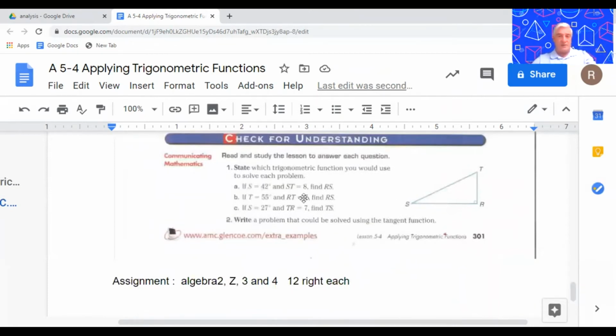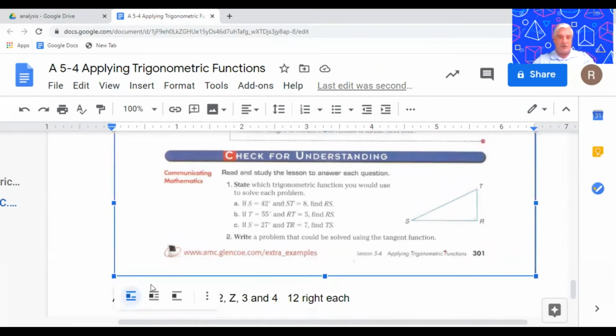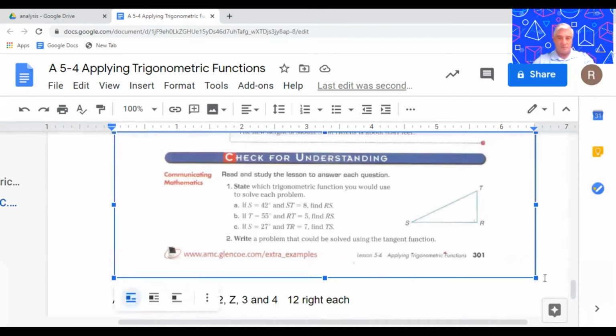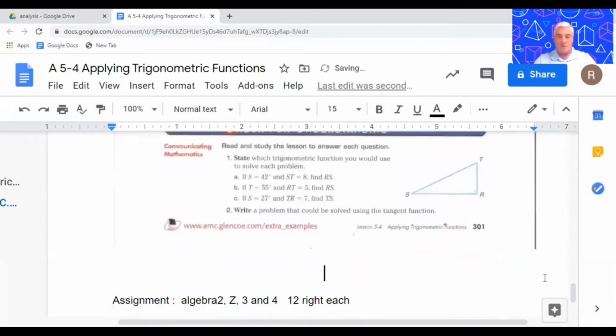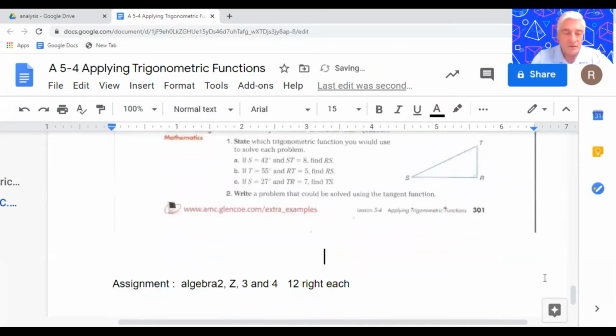Now let's try something. If S is 42 degrees, and ST equal 8. We want to find RS.